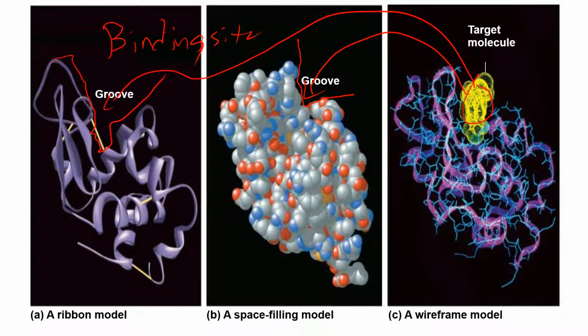And only target molecules that look like this target and are chemically similar to this target molecule actually fit into that groove. And notice here, you only have a small part of that protein that actually fits in the groove here. So this is really important when you start talking about pharmaceutical drugs, or toxins or poisons or antibiotics, because basically your drug is targeting some biological structure.